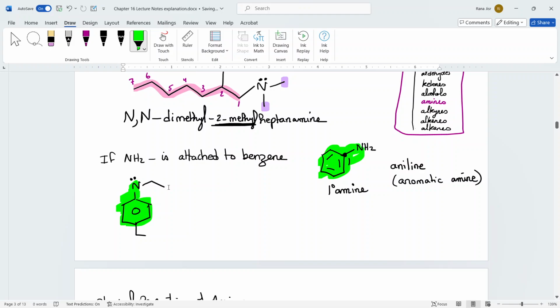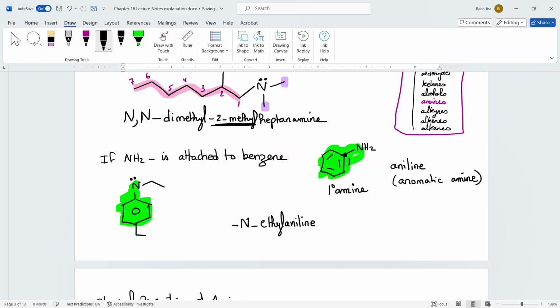So I'm going to start by naming the ethyl first. Okay. So I know that this one is going to be an ethyl, and it's going to be an aniline. So that is going to be your ending in there. It's going to be ethyl and aniline. And the ethyl on the aniline belongs to the nitrogen.